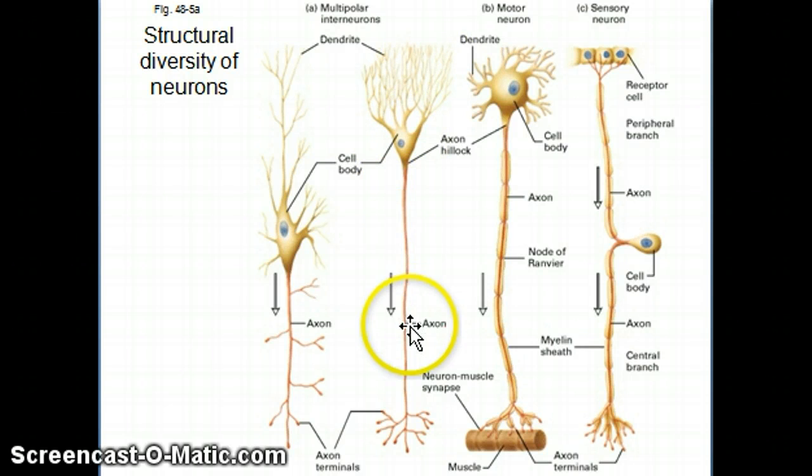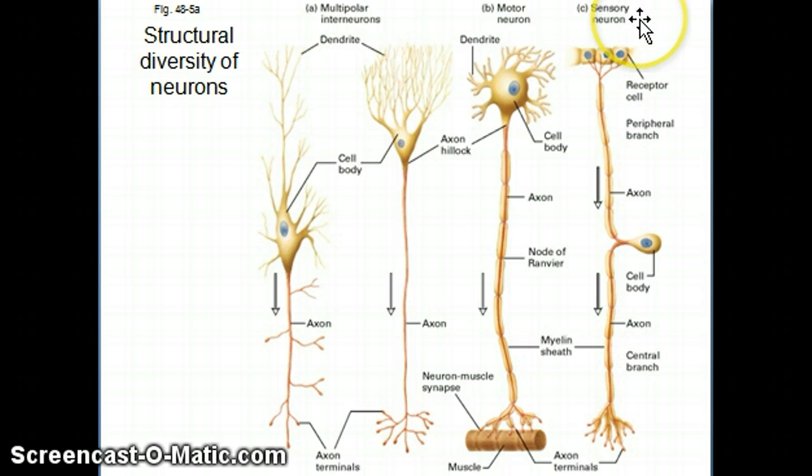So you'll see a different structure here depending on where that interneuron is placed. Here we have a motor neuron, and this is what we typically think of when we think of a neuron structure. We have the cell body up at the top with its dendrites, the axon coming down, and then the axon terminal here.